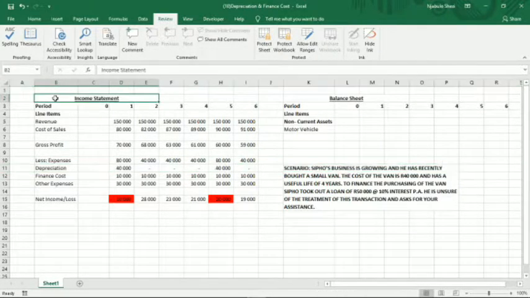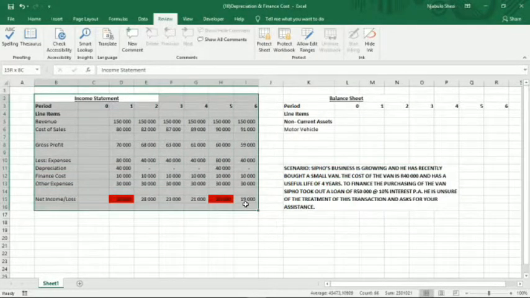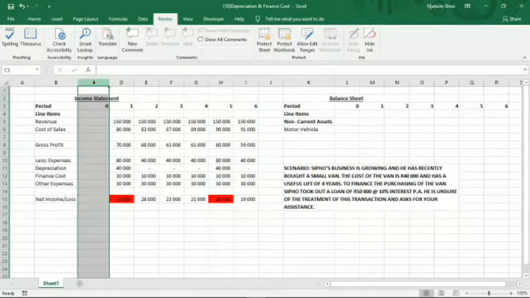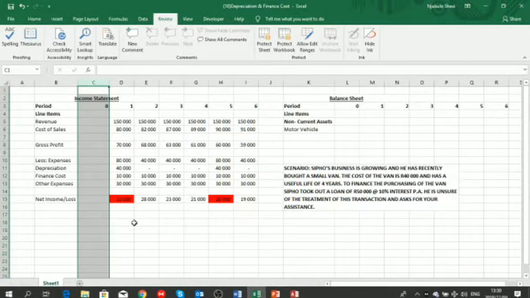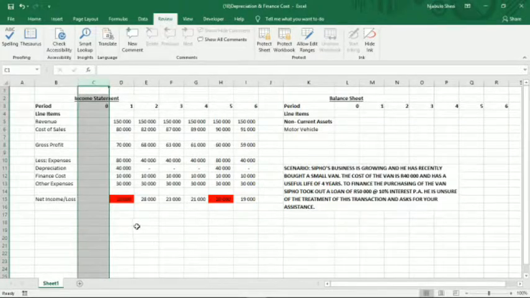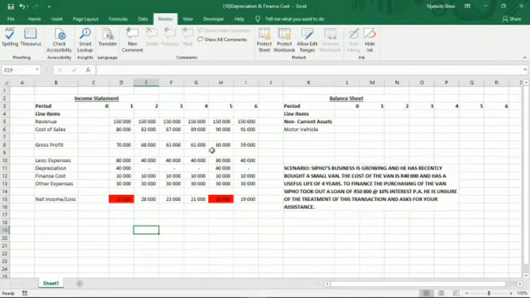So here we have the income statement over a period of 6 years, from year 1 all the way to year 6. Of course, Sipho will purchase his van in year 0. Okay, cool. In year 1, at the beginning of year 1 or at the end of year 0. Okay. So here we have an income statement.